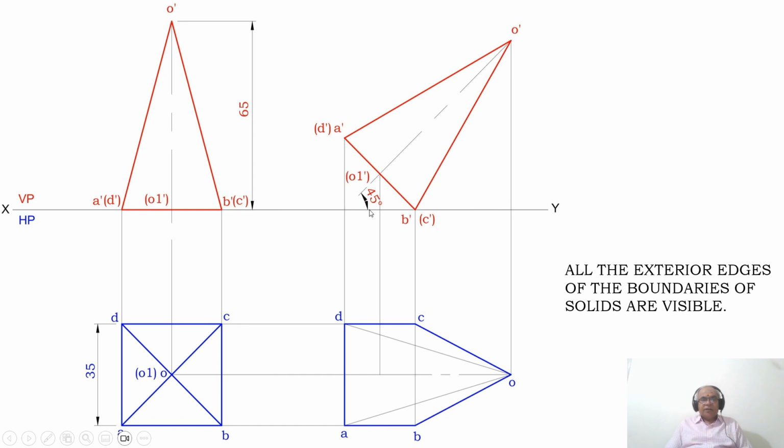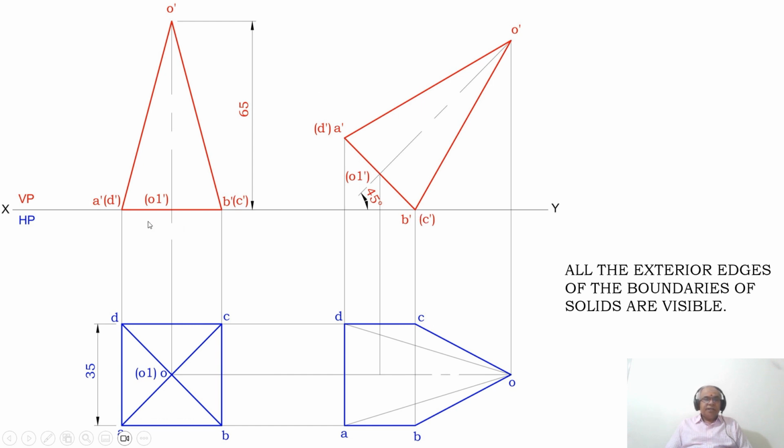So if this angle is 45 and this angle is 90, then the base line with respect to the XY line will also be equal to 45 degrees. Then by using the protractor, with respect to the XY line, you measure an angle of 45 degrees in the clockwise direction and then draw an inclined line.